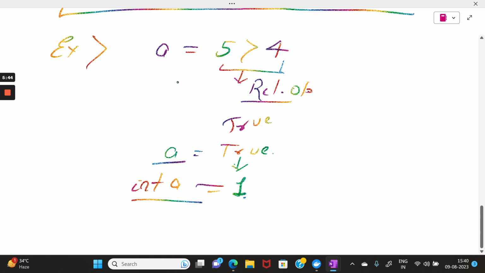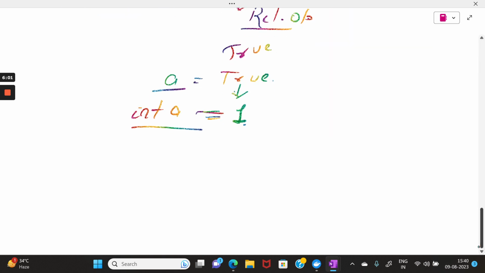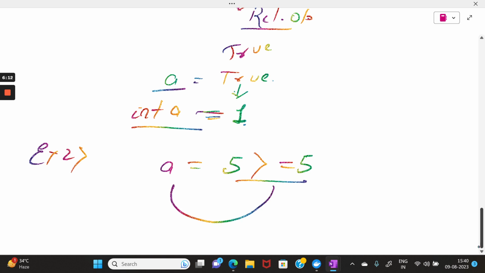This evaluation, if a is already declared as an integer and 5 greater than 4 evaluates to 1, that is equivalent to true, so a will be assigned the integer value 1. Let's see example 2. We have a equal to 5 greater than or equal to 5. This is a true expression, of course. So a is assigned 1.